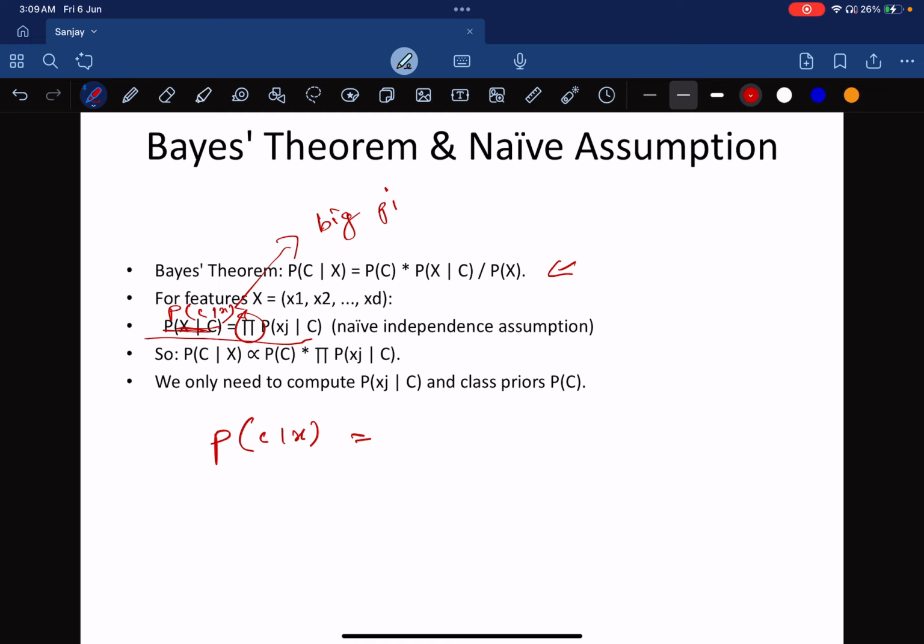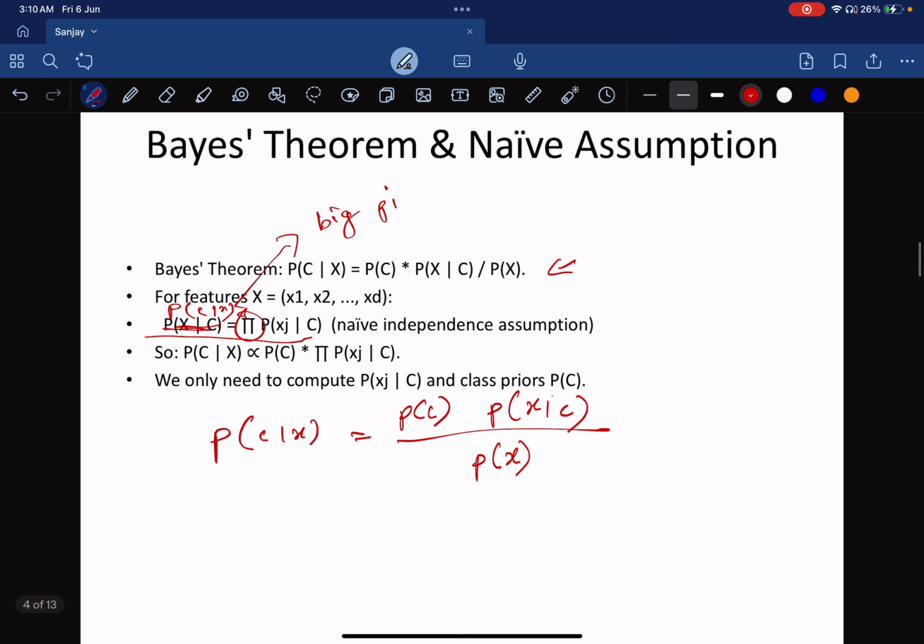For a conditional probability of C given X, it's written as P of C and P of X given C divided by P of X. But in a machine learning model, there are n number of features like x1, x2, x3, up to xd. So for this, we use a big pi, i equals 1 to d.